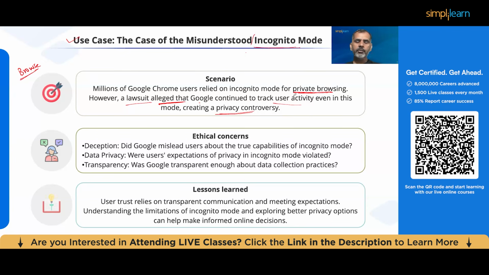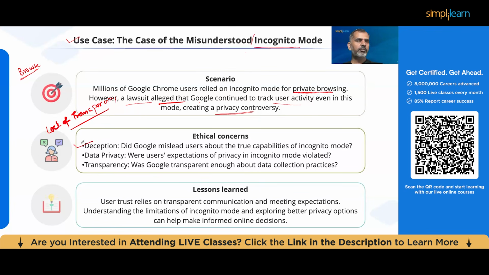So that is very important. And in that process, this is what a lack of transparency is. The very first ethical concern is deception. Google misled users about the true capabilities of incognito mode.